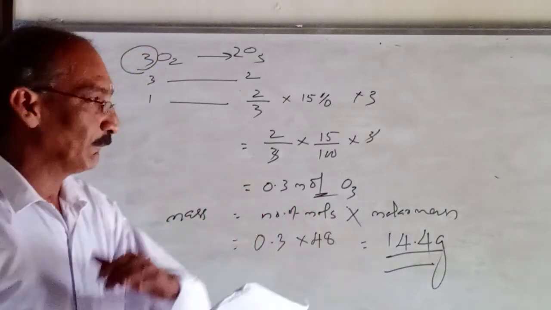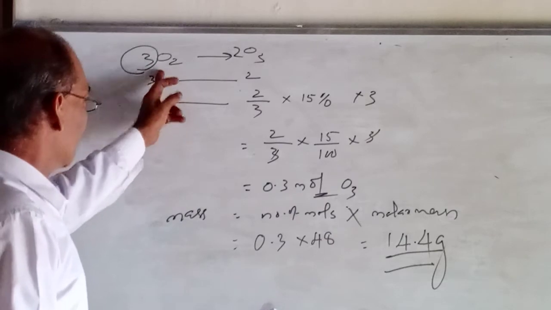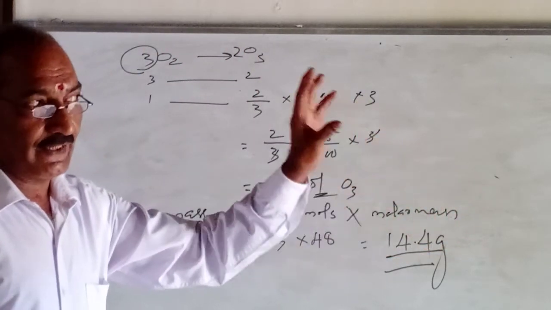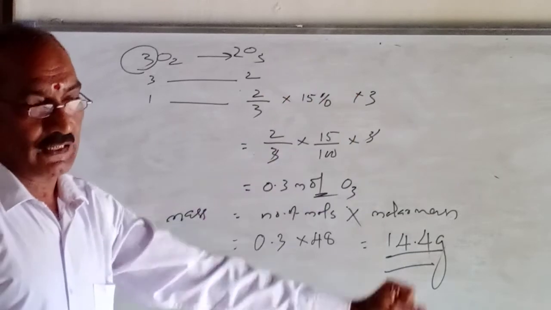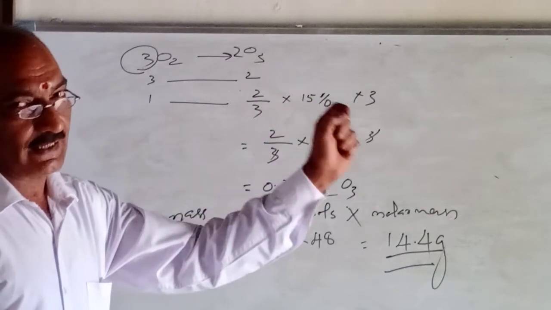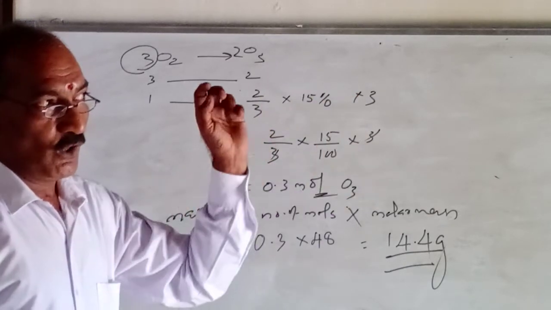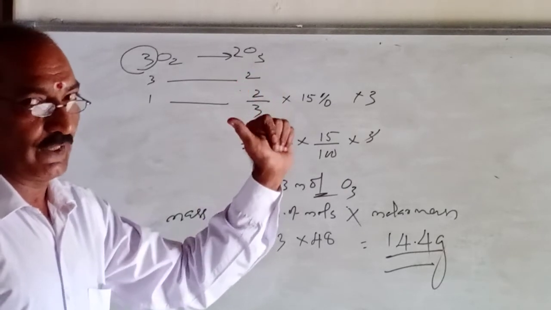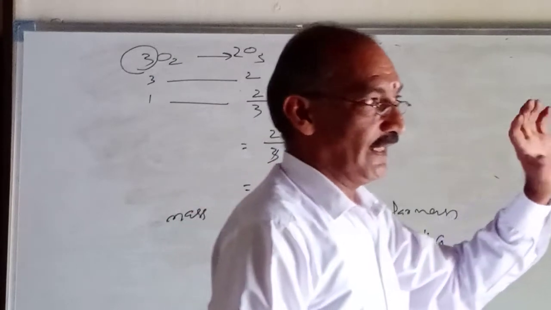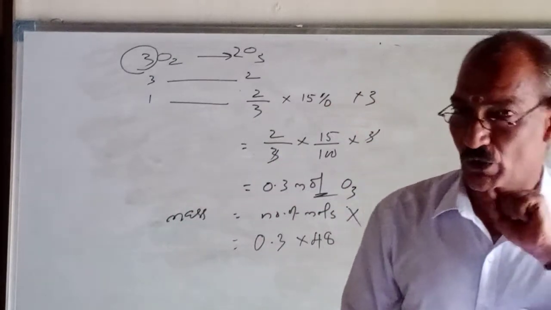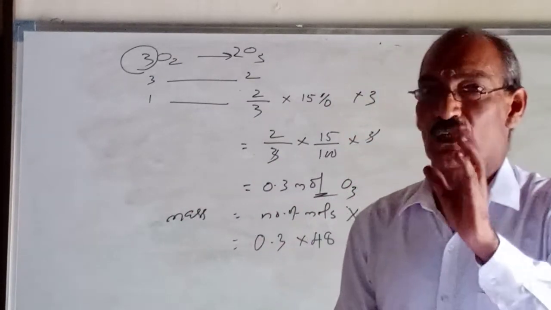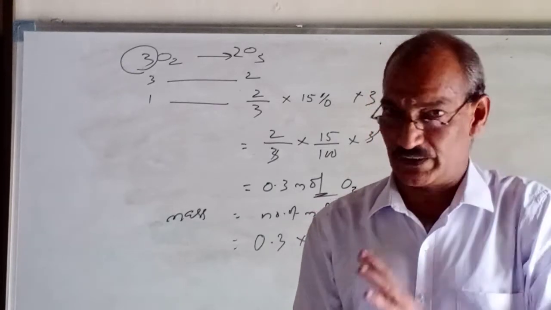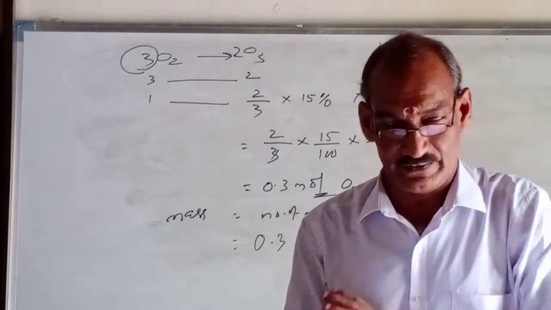Once more I will explain. Here oxygen is converted into ozone. You are studying in which chapter? P block elements. In that, 16th group elements: oxygen, sulfur, selenium, tellurium, polonium. In that, ozone is an allotrope of oxygen, Siemens ozonizer, ozone preparation and its reactions, chemical reactions, oxidizing agent.